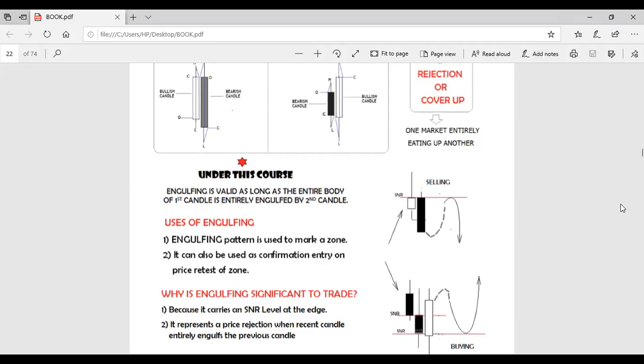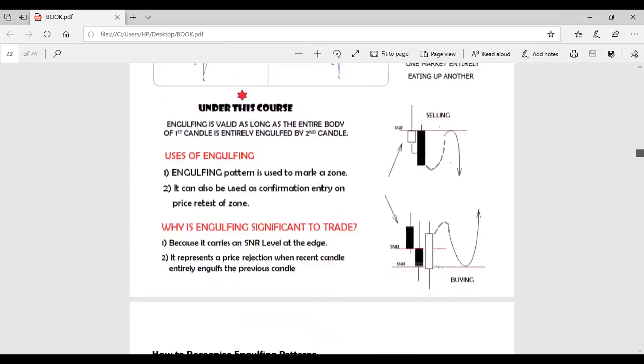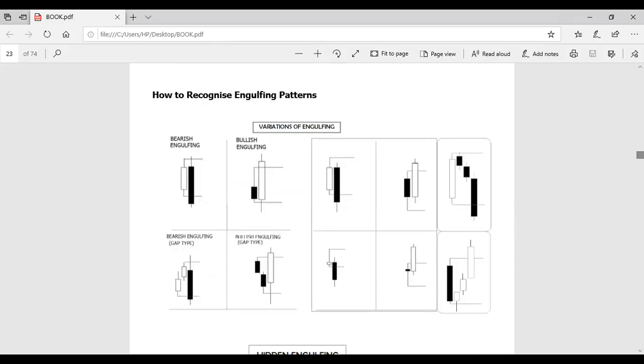So engulfing, I told you, is valid as long as the entire body of the first candle is entirely engulfed by the second candle. So don't be carried away by those wrong perceptions that we only have a single candlestick that represents engulfing. No, if you have them in 3 or 4, more than 4, it's still engulfing. So these are the patterns.